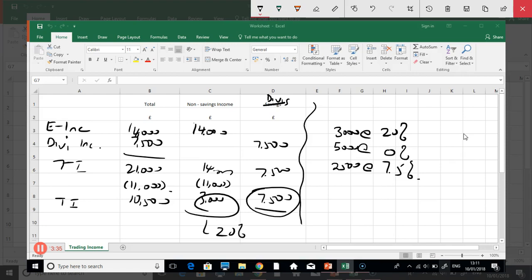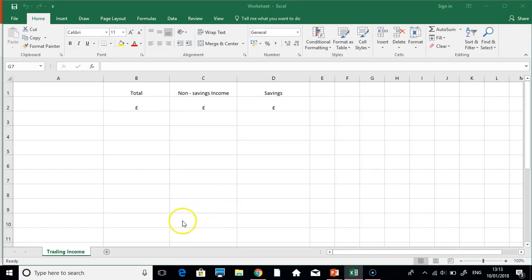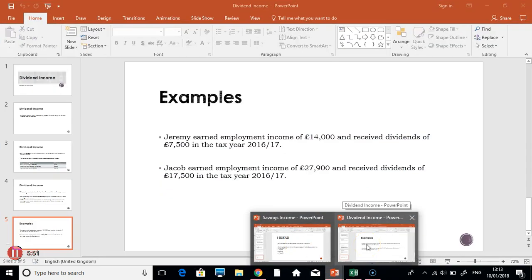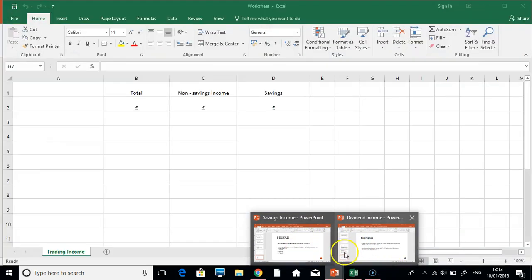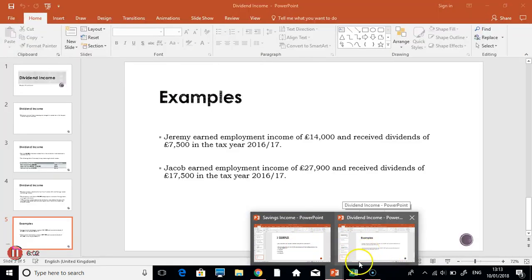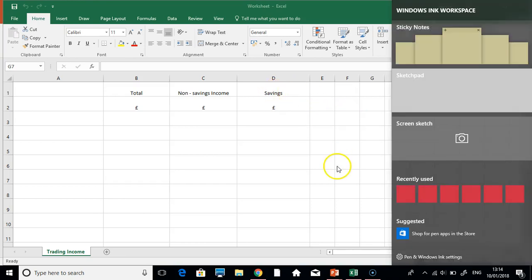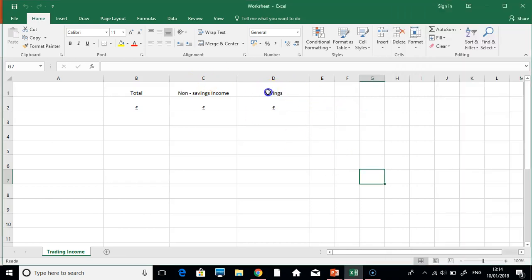Let's do the next question to illustrate the earlier point. Now I have a gentleman called Jacob, who earns 27,900 and has dividends of 17,500. Let's create a new spreadsheet.